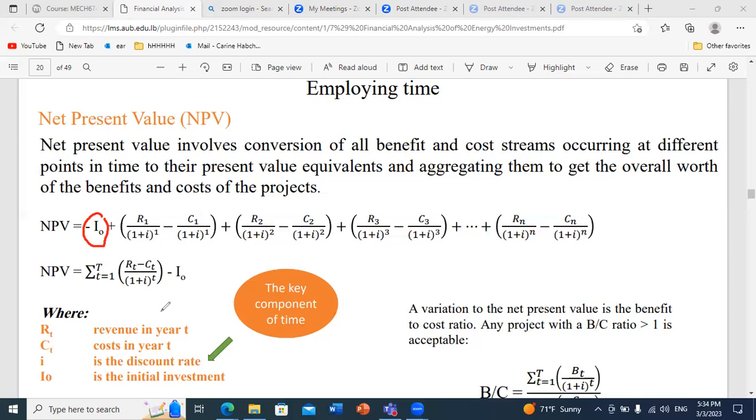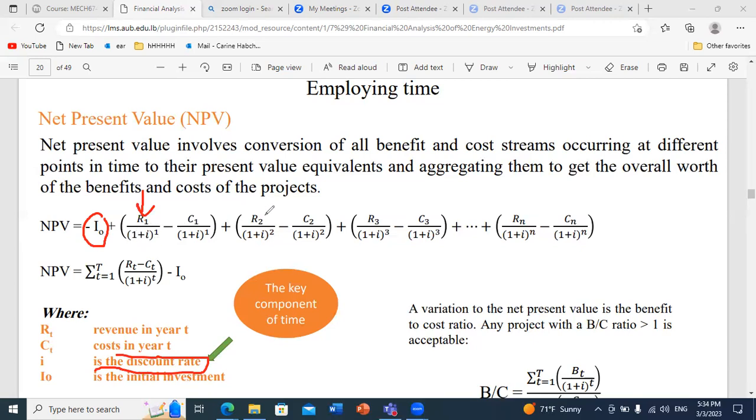So we know that the value of money will be reduced with time. That's why we should include a discount rate which will account for the reduction of value of money with time. And then we can consider that, for any year, let's say for year one, the revenue and cost should be divided by 1 plus I to the power 1.